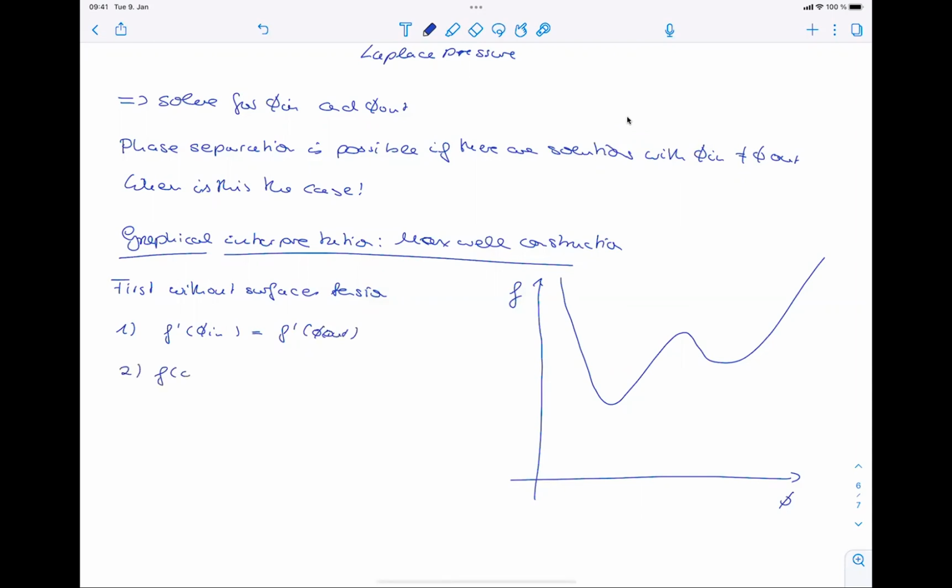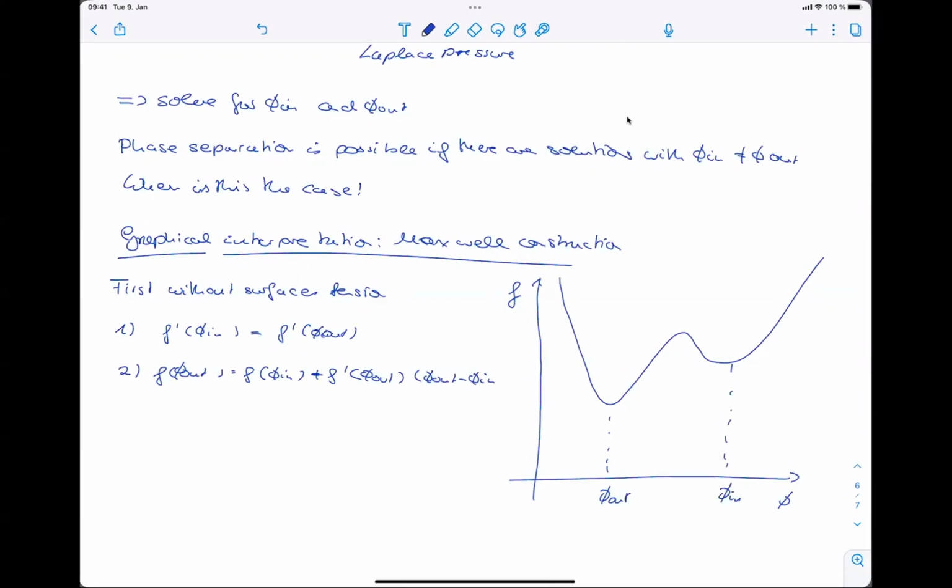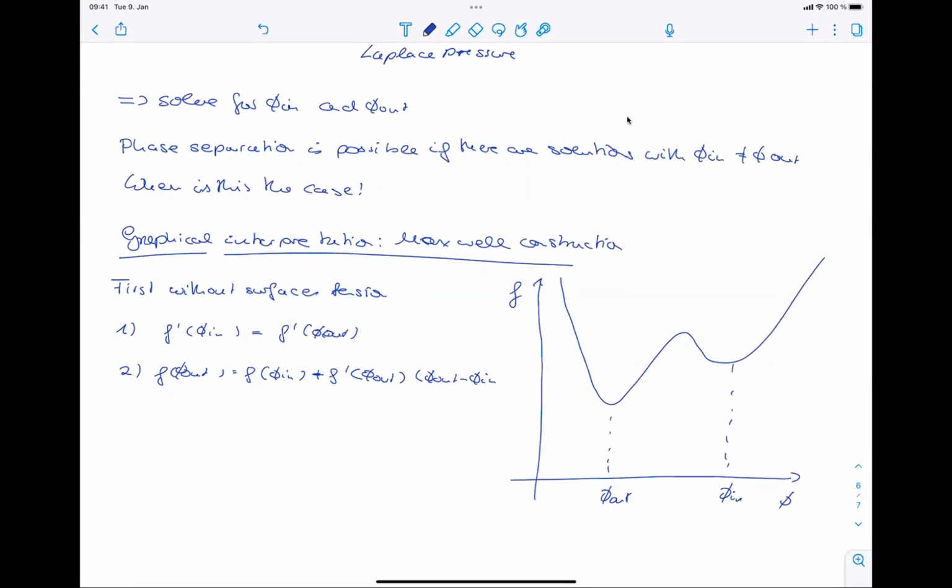And second, we had this. So this would be a construction where the tangent is the same on both points, and we are also obeying the second equation.